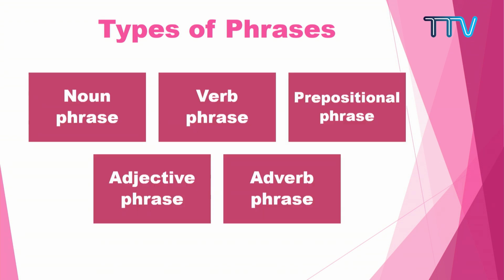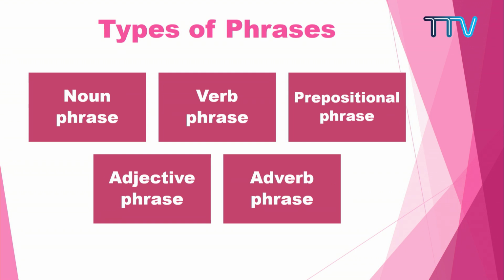So the types of phrases. We have actually many types of phrases, but I'm going to discuss briefly only some of them. So we have noun phrase, verb phrase, prepositional phrase, adjective phrase, adverb phrase. You can easily find out by looking at the word itself, noun phrase.